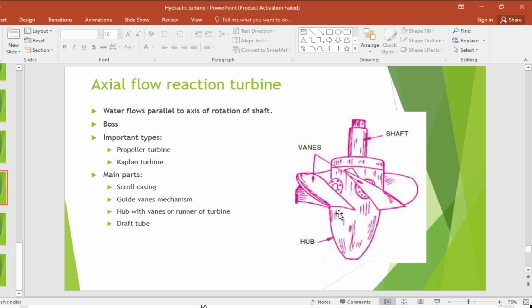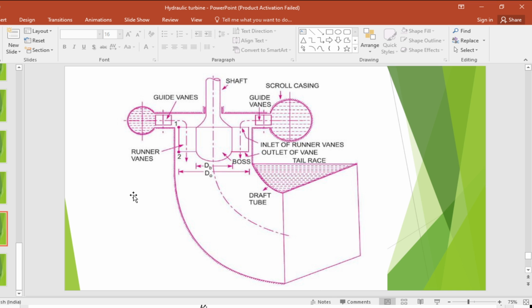Now the main parts of Kaplan turbine are: first, scroll casing; second, guide vane mechanism; third, hub with vanes or runner of turbine; and the last is your draft tube. I'll show you the next diagram here.